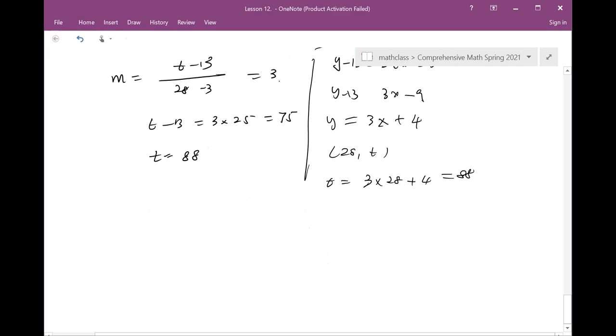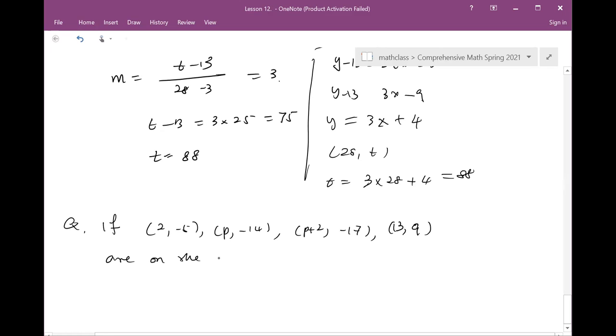Okay. Now here, the problem is a little bit tricky. We know that, okay, 2 negative 5, p negative 14, p plus 2 negative 17, 13, and q are on the same line.